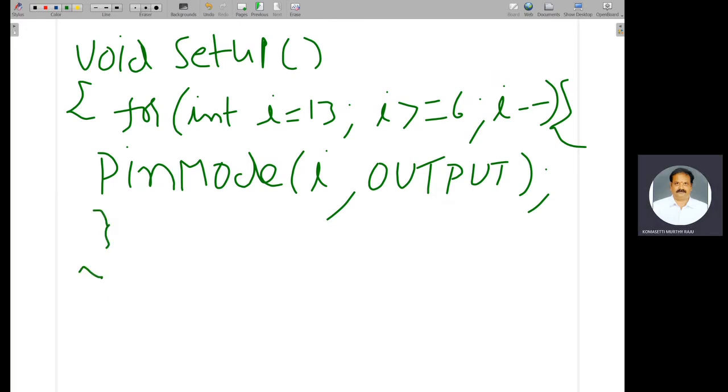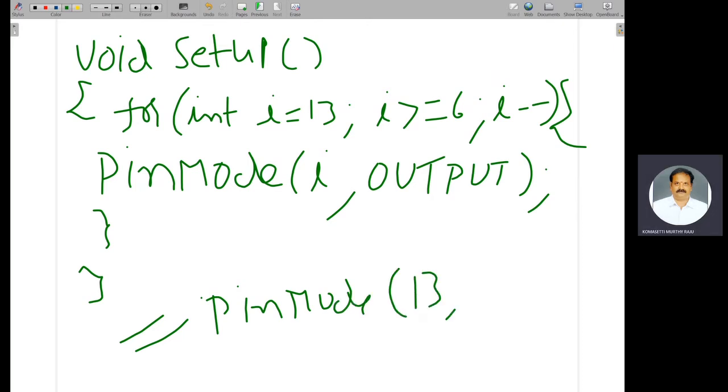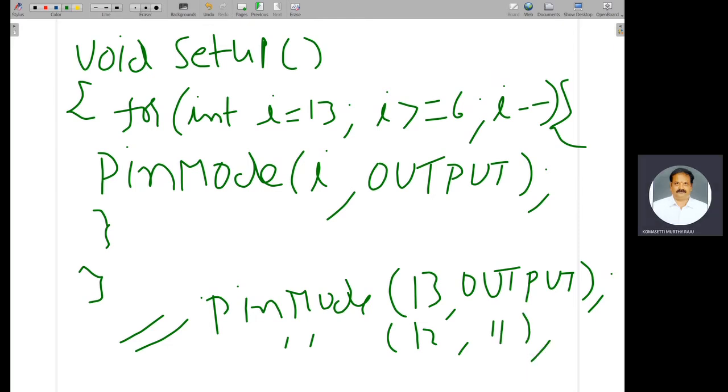pinMode I output means here I is the pin number. Initially I is equal to 13, output, and the I value is decremented: pinMode 12 output, in this fashion up to 6, output.